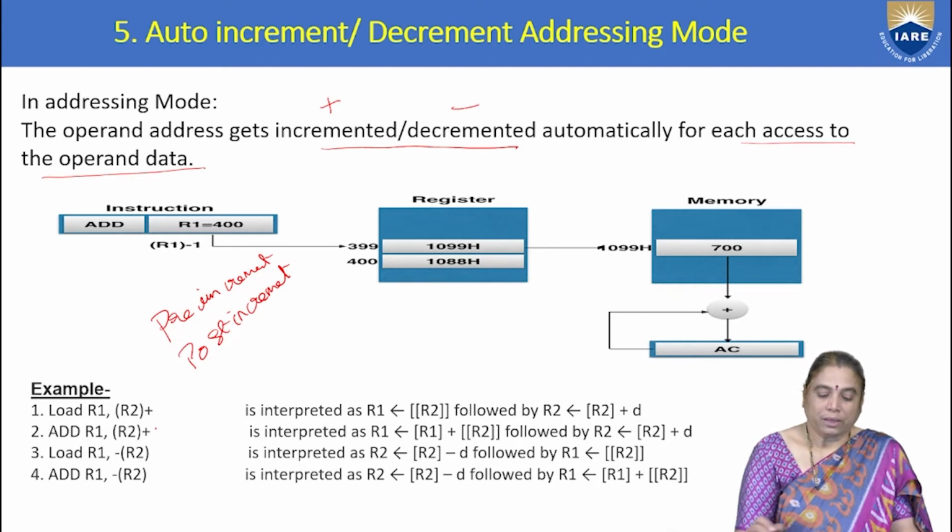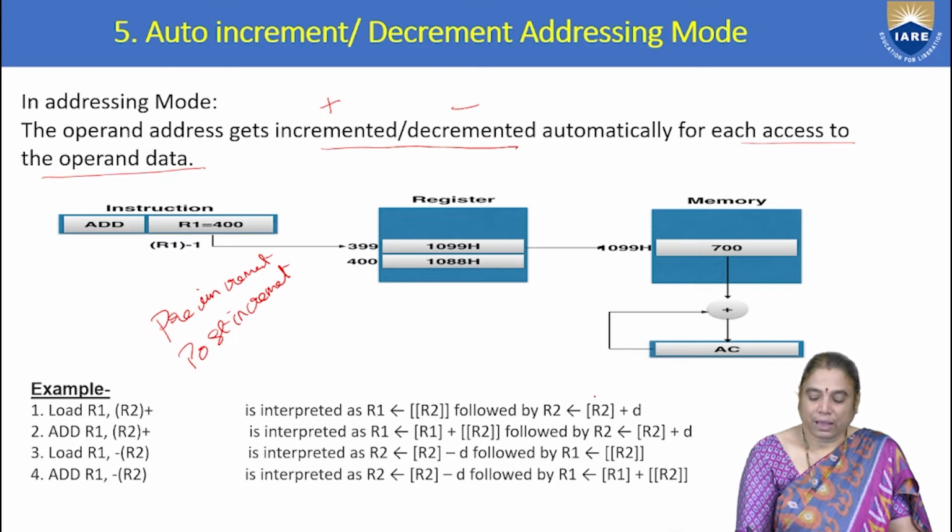So we will consider a few examples. Here, load R1, R2 plus. First the R2 value is increased by the size, which is specified by D, and then the value is loaded to R1. Similarly, here the add instruction is used to perform the arithmetic addition operation.